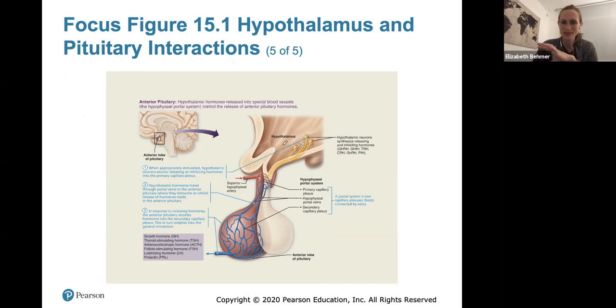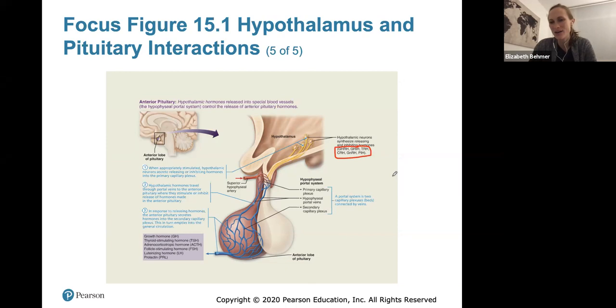When the appropriate stimulus occurs, the hypothalamus neurons will secrete releasing or inhibiting hormones. And they're all shown here. We'll talk a little bit about what they are, but you'll notice all these abbreviations always end in RH or IH, and that means releasing hormone or inhibiting hormone.